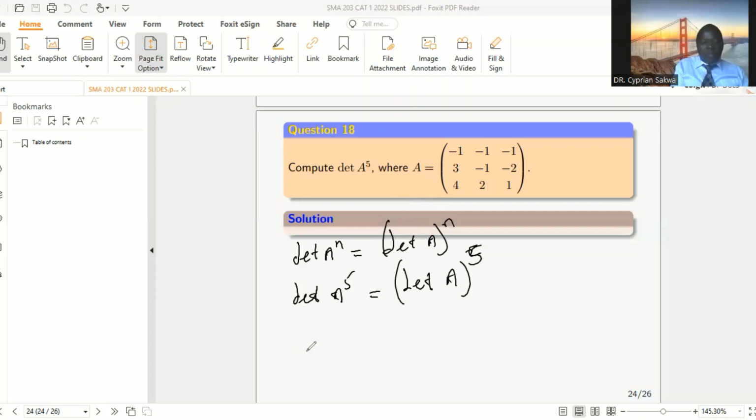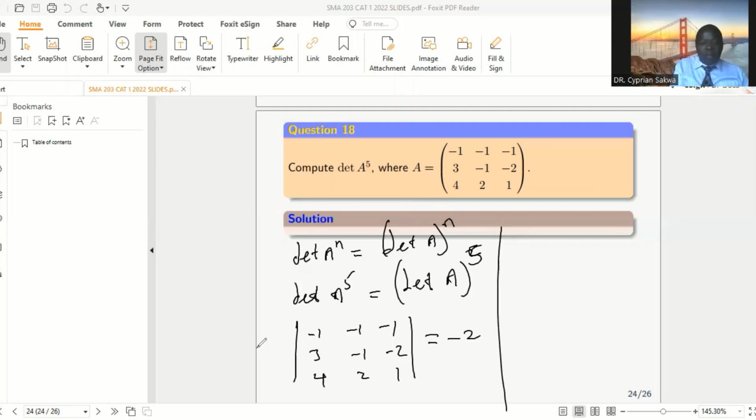Let's first find the determinant of negative 1, negative 1, negative 1, 3, negative 1, negative 2, 4, 2, 1. This one you can do at your own time. I did this and found this determinant to be negative 2.